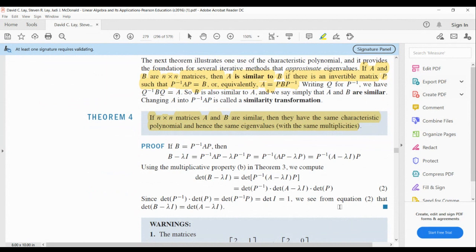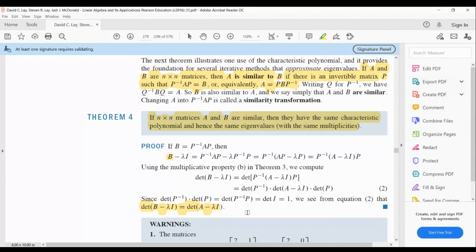They want to show that the determinant of B minus lambda I equals the determinant of A minus lambda I, because if A and B are similar, the characteristic polynomials would have to be the same.